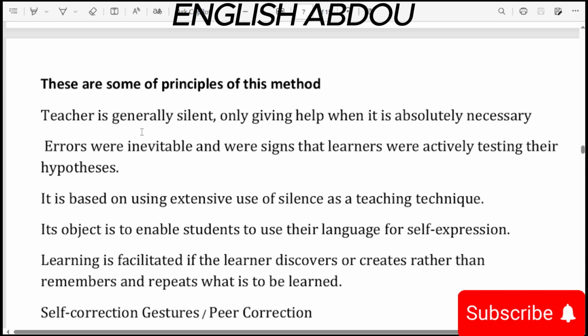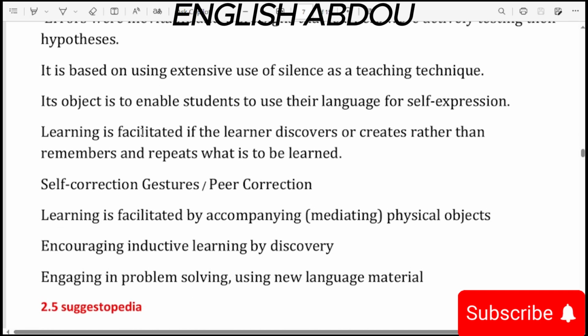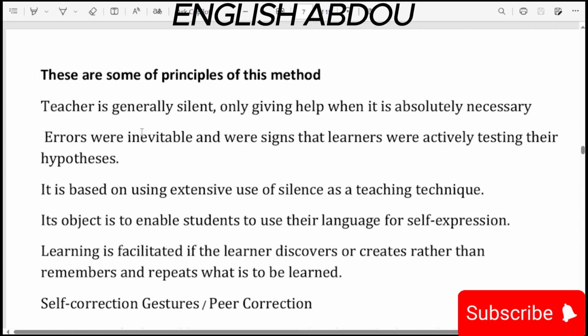So when we say silent way, it is the ability to minimize the teacher talking and maximize the students talking, because the aim of this method is that we want our students to produce, to create their language. And the teacher in this method is just the monitor, just the controller. This is the role of the teacher in general.